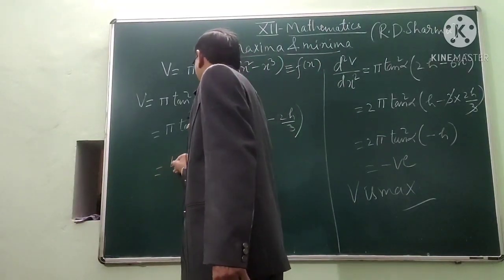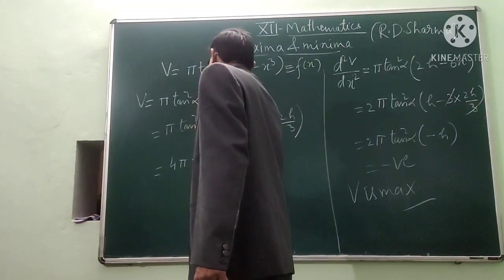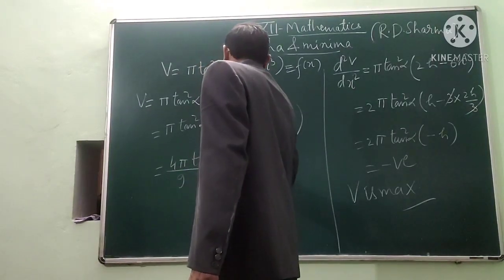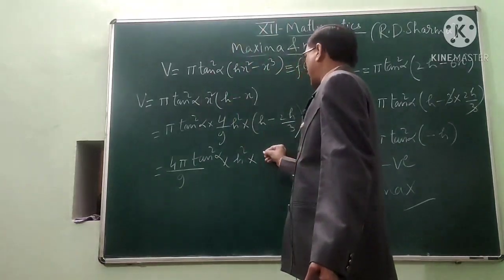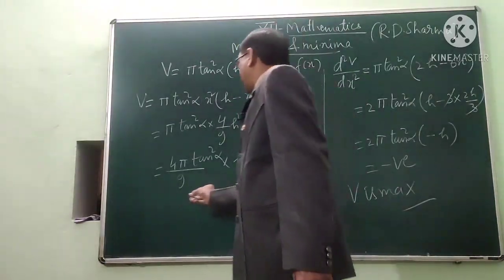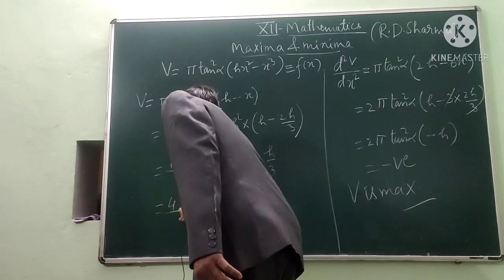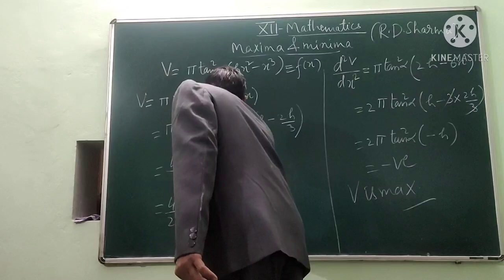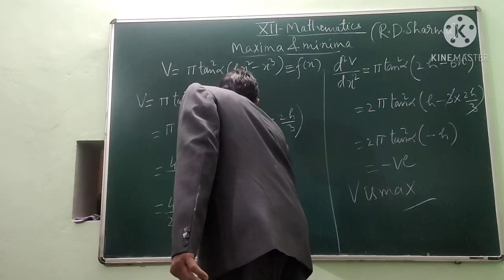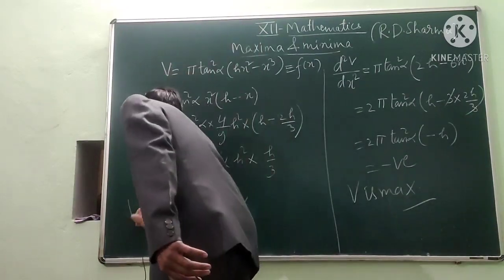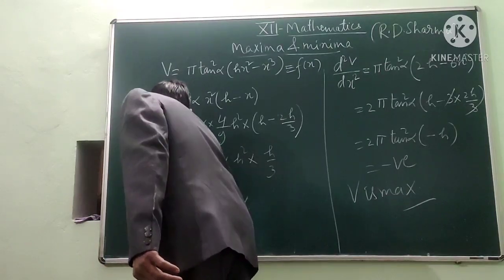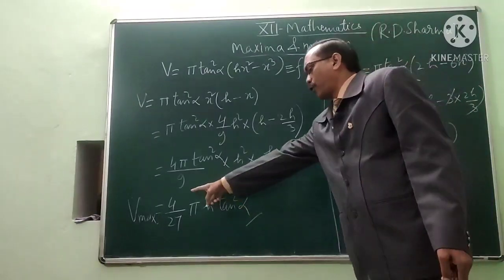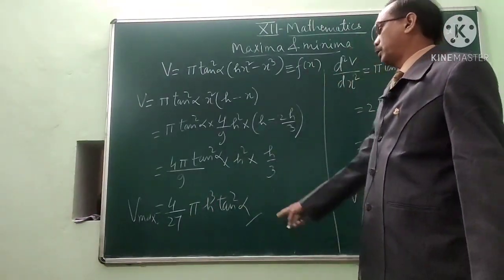It is 4 pi tan square alpha upon 9 into h square. From this we will get h upon 3. So it is 4 upon 27 pi h cube tan square alpha. It is the maximum value, V maximum. Maximum volume of the cylinder is 4 upon 27 pi h cube tan square alpha.